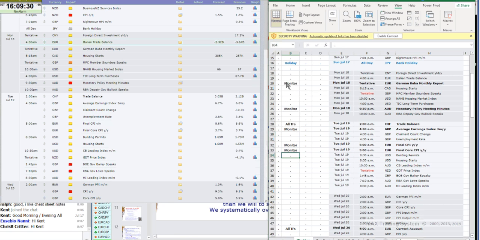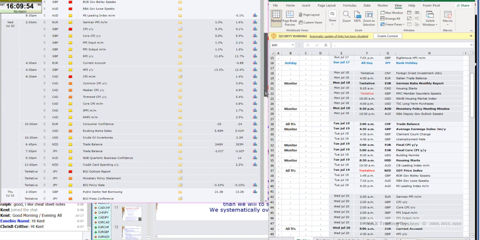I will monitor the US dollar housing starts. Then we have the Kiwi GDP price index, all time frames. And I will monitor the Aussie leading index. No, let's forget it. So that's it for Tuesday.